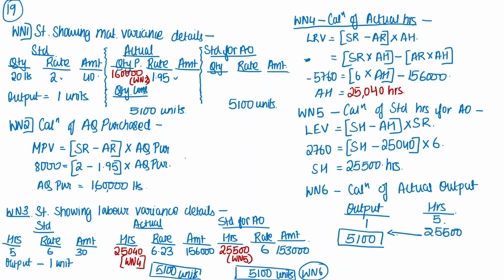Actual output is actual output, right? For labor, the actual output, and for material, actual output can't be different. Actual output is actual output, right? So can I write 5,100 and 5,100 here also? So tell me, what can I do now in material? Come back to material.